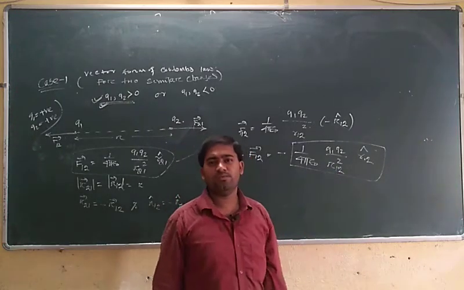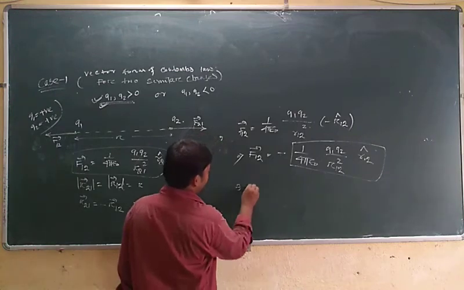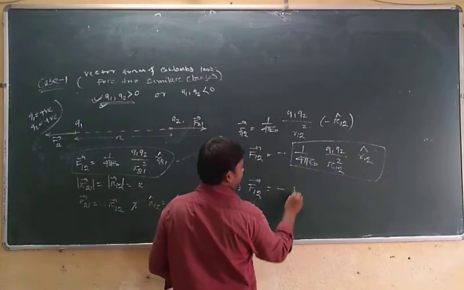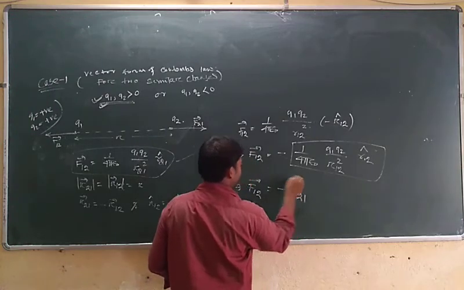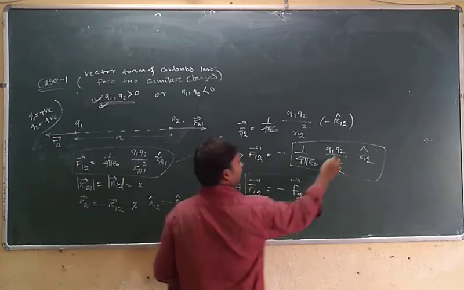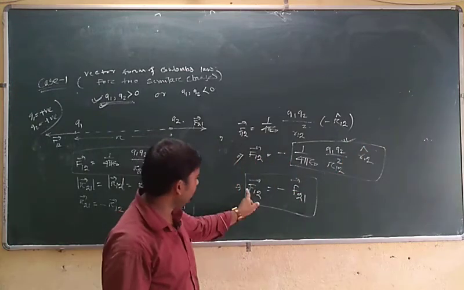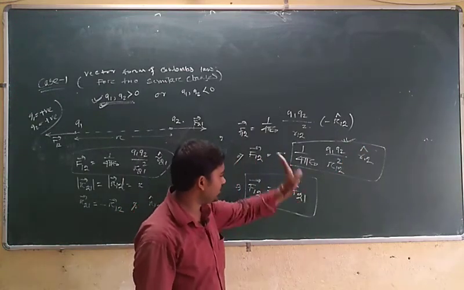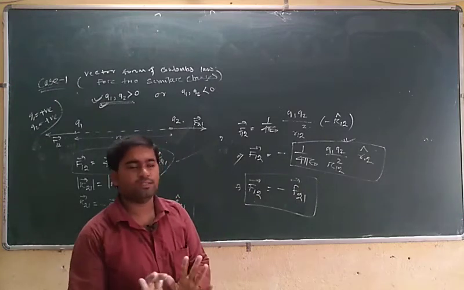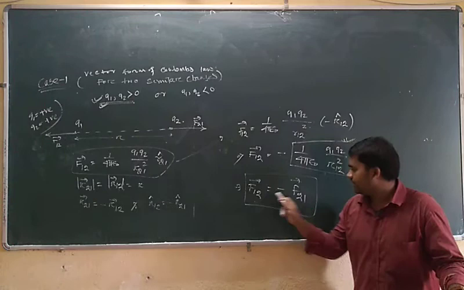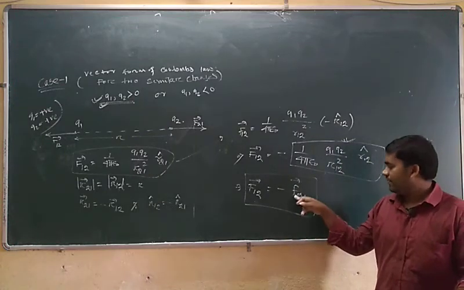And this is the force on Q2 because of Q1, and that will be F12 vector equals minus F21 vector. This is the expression that stands for the F21 vector. So F12 vector equals minus F21 vector. What does this relation indicate? It indicates that the F12 vector is the negative of the F21 vector.